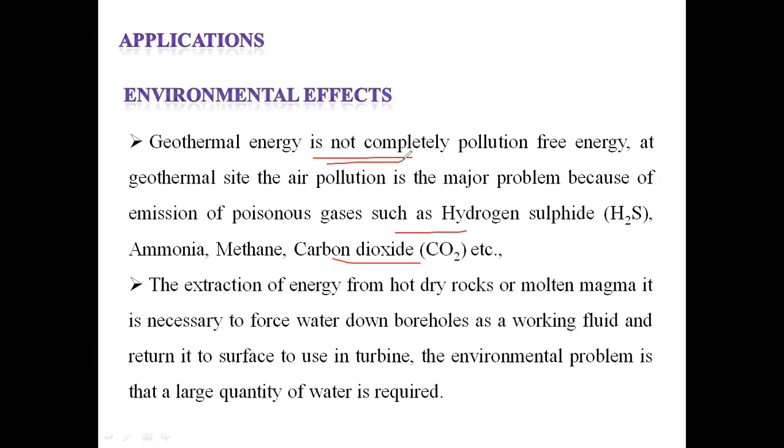And the temperature versus entropy curve, the methods of harnessing, the various advantages and disadvantages of geothermal power plant compared to other power generation, application of the geothermal power plant, and environmental effects of geothermal energy sources, how it affects the environment.